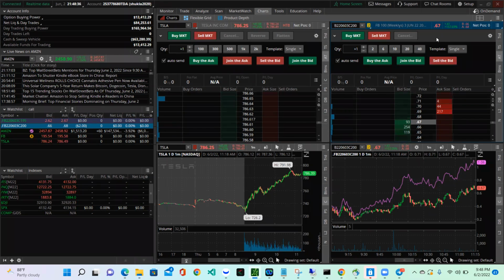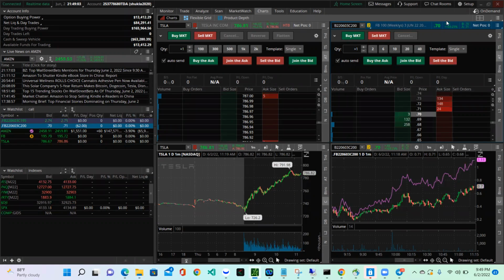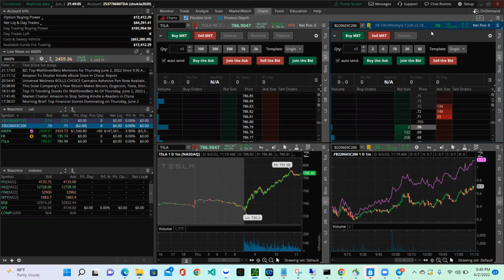The reason why we average is this: these contract values, which we call premiums, are directly tied to the share value. If Facebook is going up, the premium will go up.